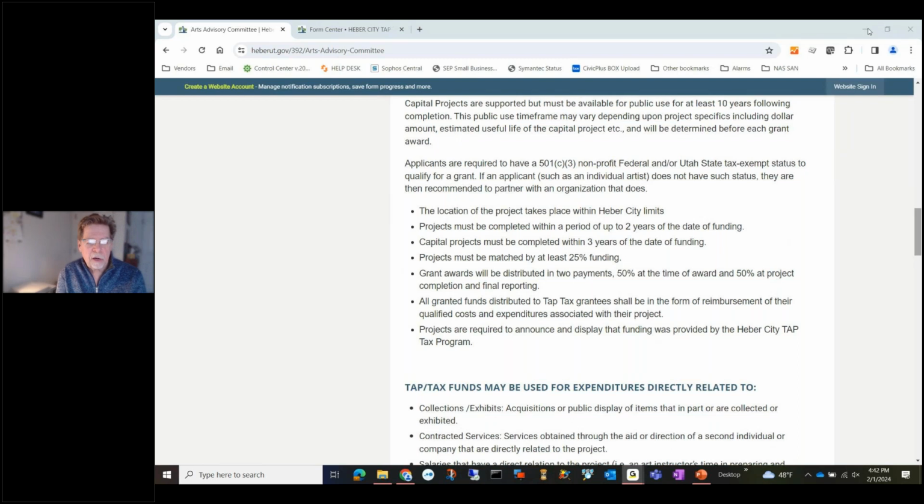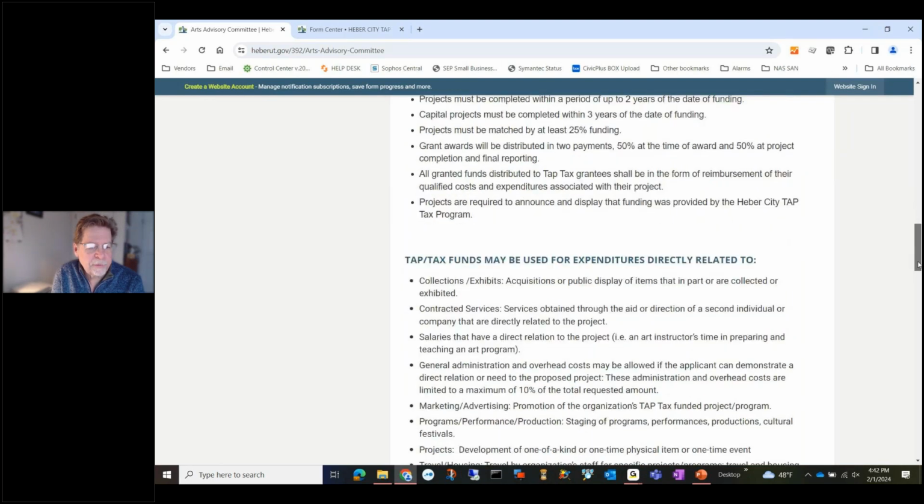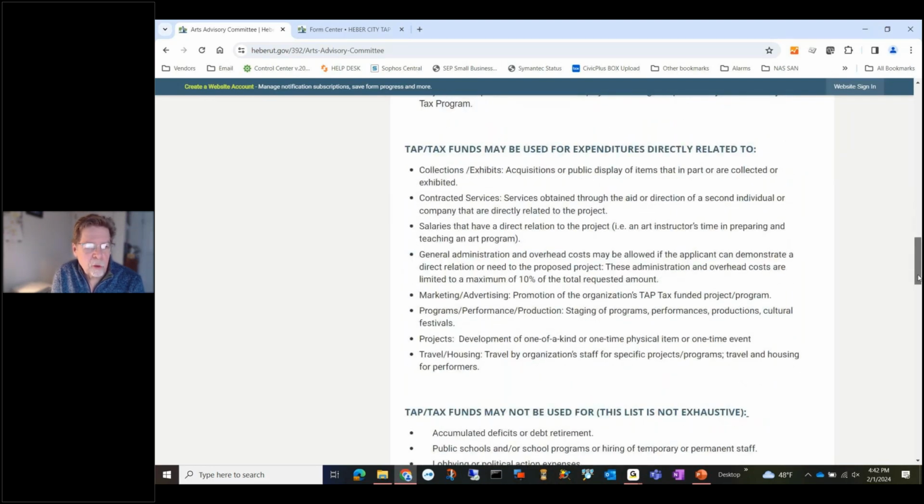Our funds may be used for expenditures directly related to, and let's go down a little bit, collections or exhibits, acquisitions, and a public display of those items as collected or exhibited. They can be for contracted services related to the event, the exhibition, the piece of work, or the construction, essentially through the aid and direction of a second individual or company.